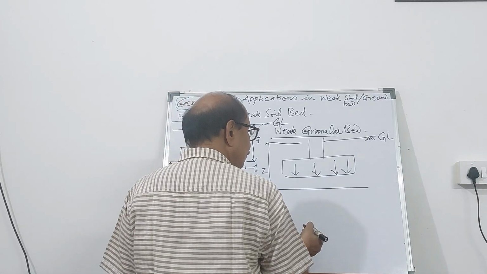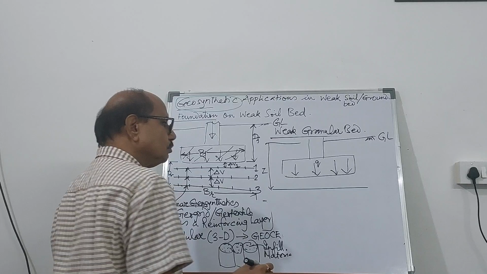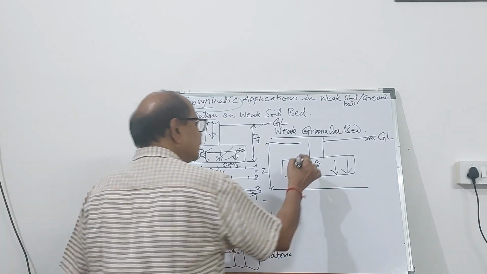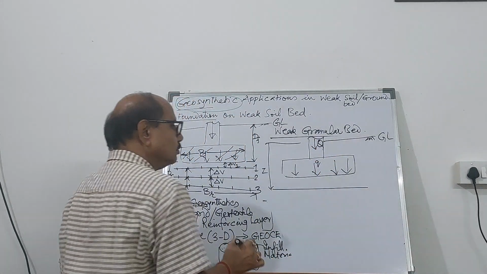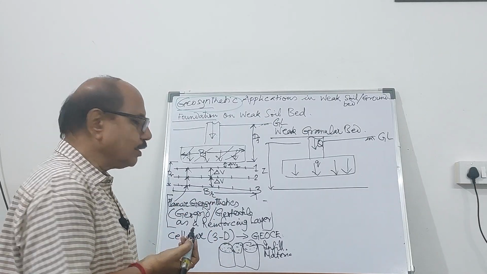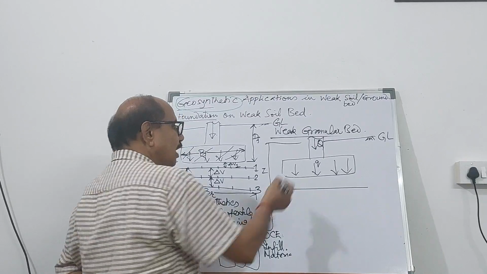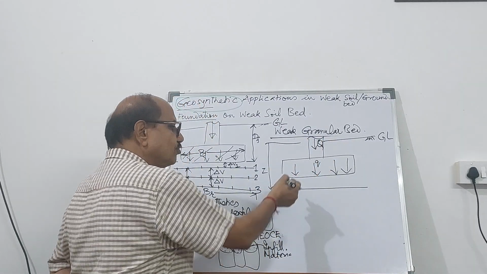Similarly, for this footing, the intensity of loading, let's say the load is capital Q, that gets spread over the area of the footing. This is the intensity of the loading: capital Q, the static load, divided by the area of the footing.